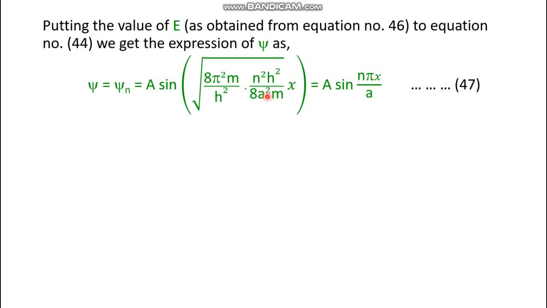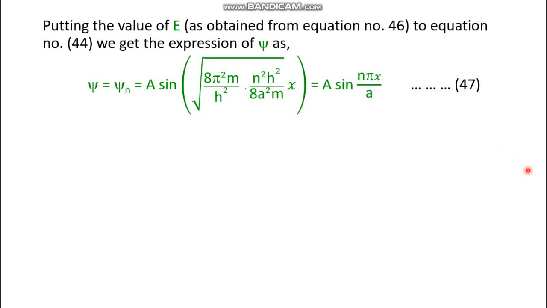Sorry, extremely sorry, it is n square pi square. H square cancels, so n square pi square by a square, and its root is n pi by a. Then this x merges with that n pi by a to become n pi x by a. So the final form of psi n, or psi, is A sine n pi x by a, as a function of x and as a function of n as well.